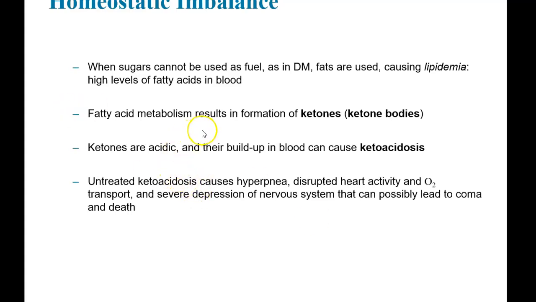Fatty acid metabolism results in the formation of ketones or ketone bodies. Ketones are acidic, and when they build up in the blood, they can cause ketoacidosis. If untreated, ketoacidosis causes hyperpnea, which is elevated breathing, disrupted heart activity and oxygen transport. And also, it could lead to severe depression of the nervous system that could lead to death.